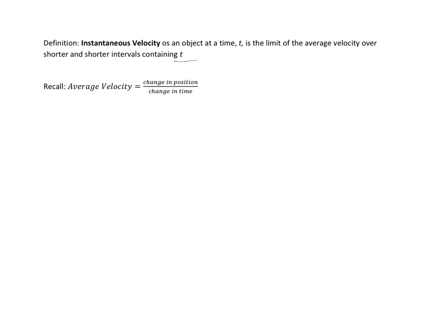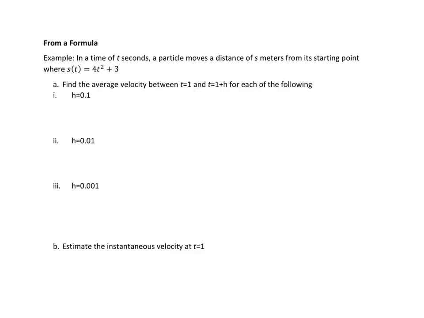And so just recall, we're looking at change in position over change in time. And what we want to do is use small time intervals. We want to shrink down time. So let's look at an example of how we can shrink time.